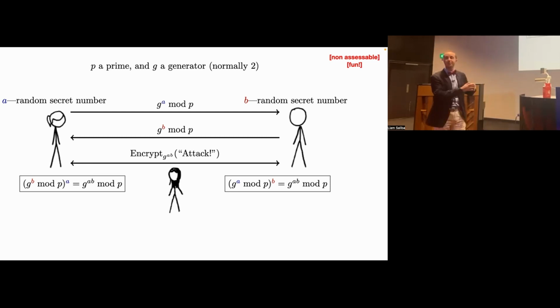So assuming that Eve has been unable to come up with these numbers, now Alice and Bob are ready to start encrypting things to each other using this shared secret number. And in this case, we see that Bob, using G to the AB, sends as his secret, which is an important part of encryption, the signal to Alice to attack, and Eve mysteriously disappears.